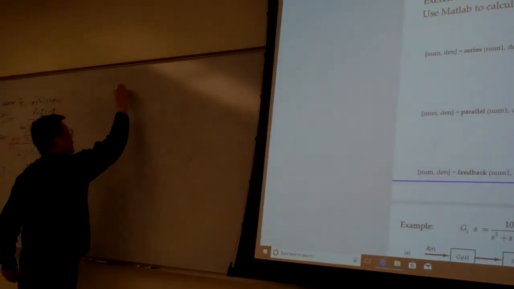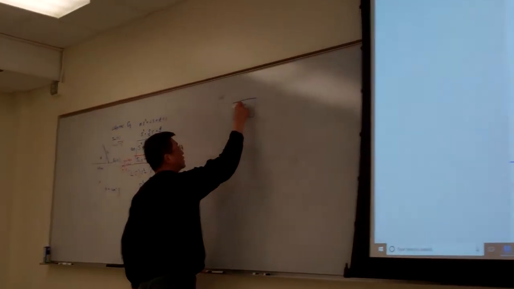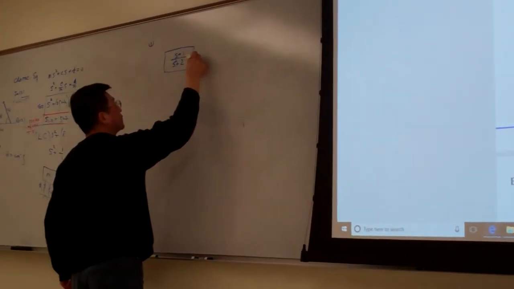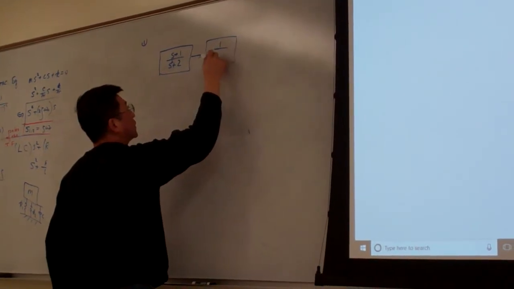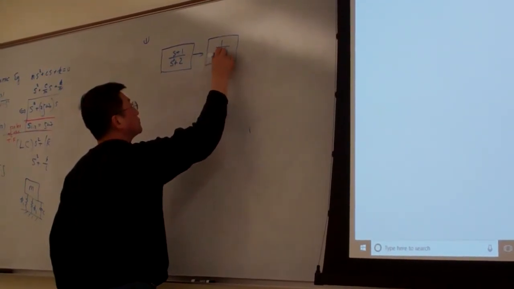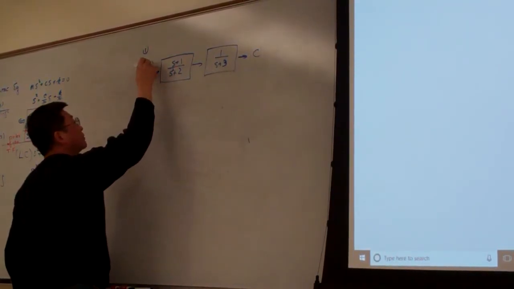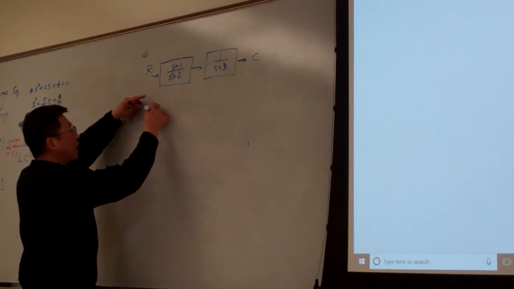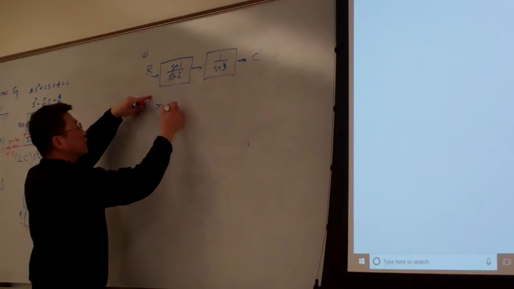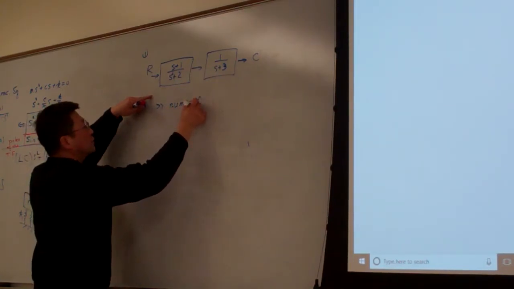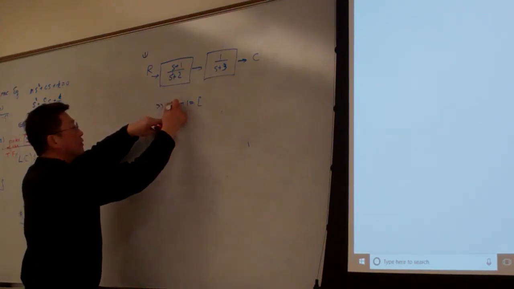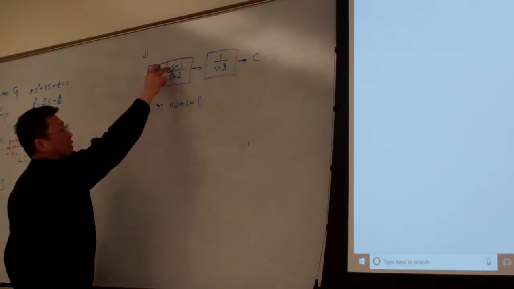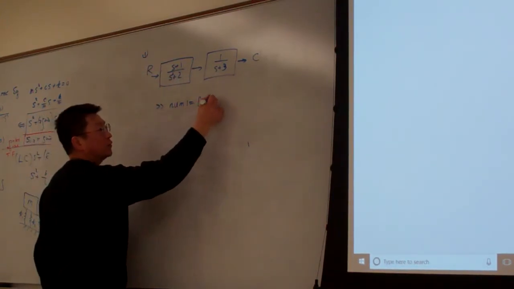For example, for the first case, let me put the numerical case: (s plus 1) over (s squared plus 1 plus 2), and then this is (s plus 2) over (s plus 3), C, and this is R. Okay. So for this case, this is defined as G1. So basically in the MATLAB command, you put num1 equal to, this is all one word, okay, num1, no space. And this is the numerator, and you put the coefficients in decreasing order, 1, 1.